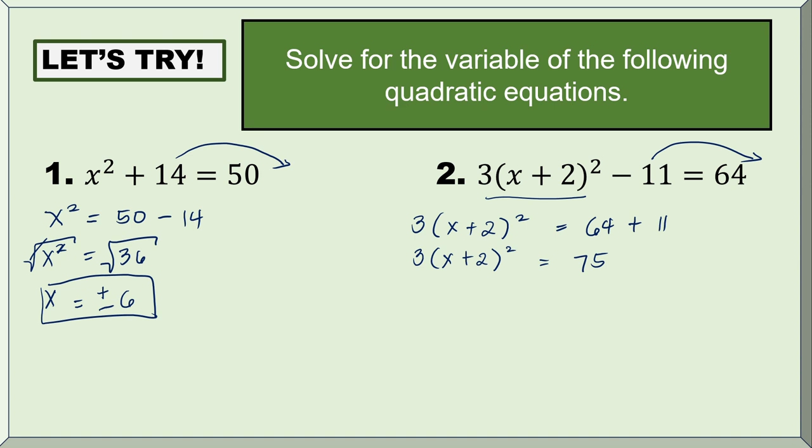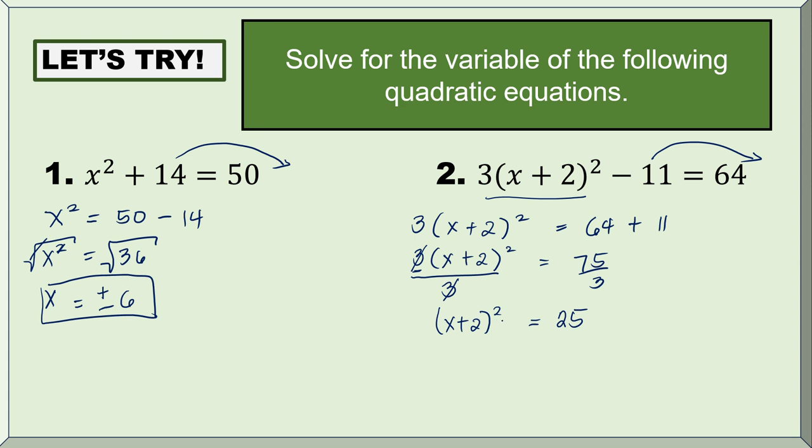Just like in our previous example, we should eliminate the numerical coefficient in this part. So to eliminate this, we need to divide the equation by 3. So cancel this, it is equivalent to 1. And 1 times x plus 2 quantity squared, that is x plus 2 quantity squared equals 75 divided by 3, that is 25.